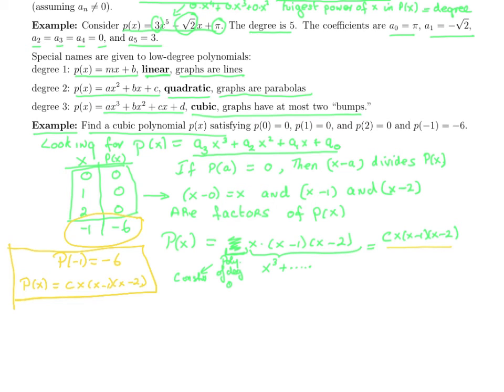So let's put these two pieces of data together. We plug in x equals minus 1, and we know the left-hand side of this second equation must then be minus 6. And that tells us that minus 6 equals minus 6c. And of course that tells us that c equals 1.